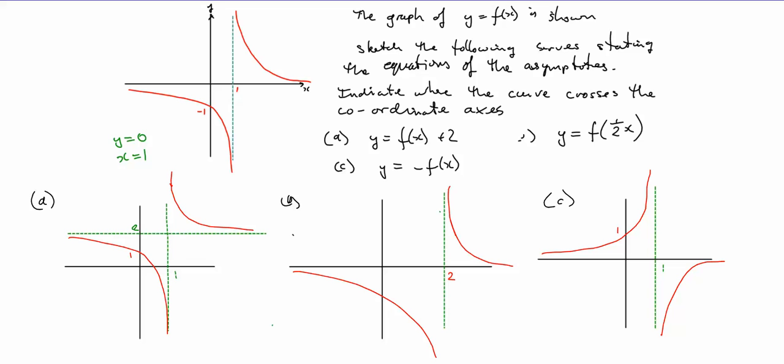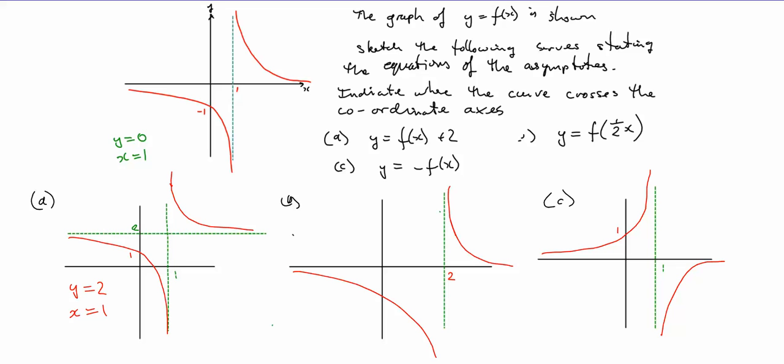So the equations of the asymptotes in each of the three curves. In the first one, the x-axis has become y equals 2, and the vertical asymptote has stayed the same, x equals 1.